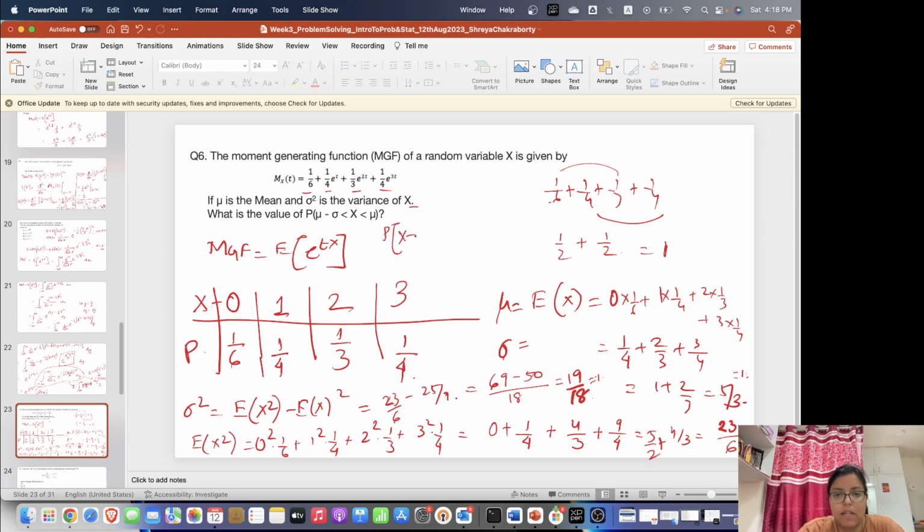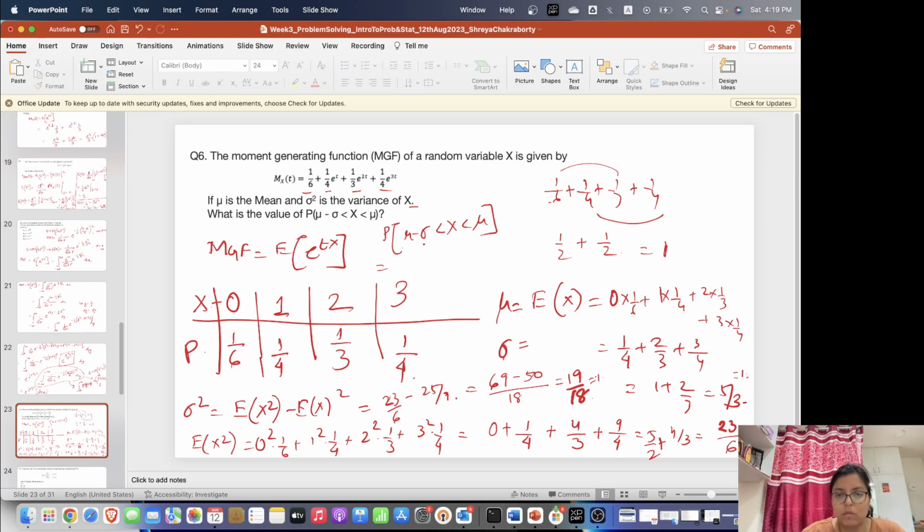Probability mu minus sigma less than x less than mu. So how much is this coming? 19 by 18 square root. If we have to do a square root of 19 by 18, it's 1.027 something.